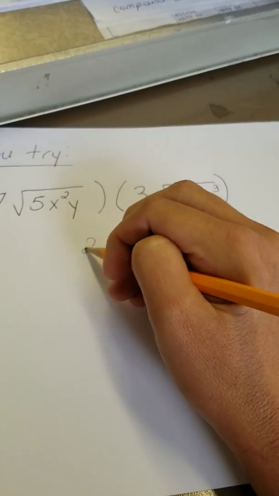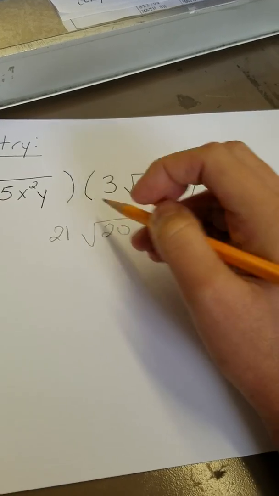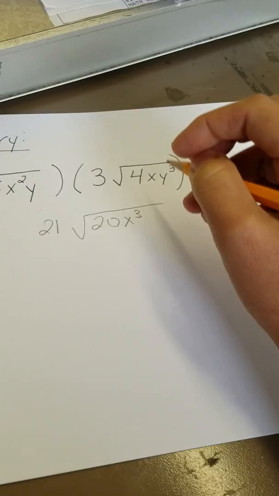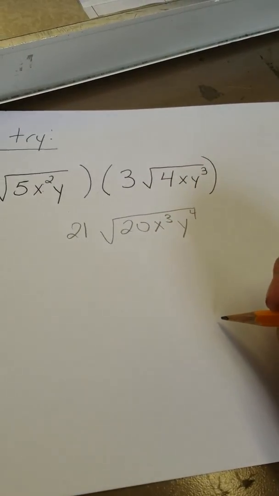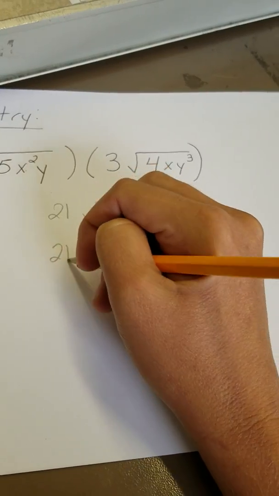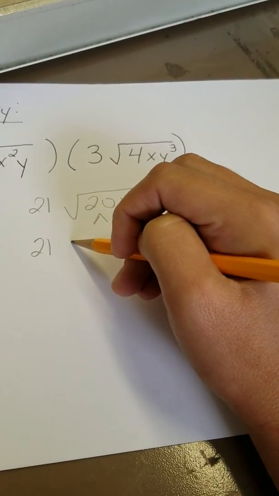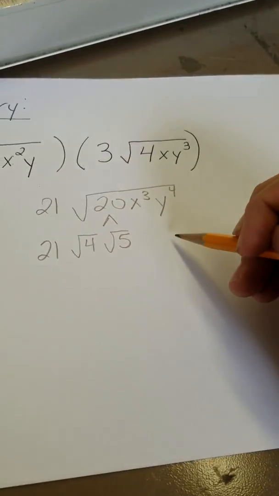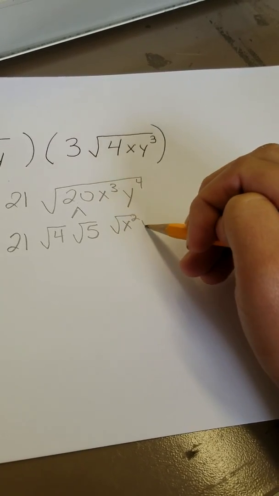7 times 3 is 21. 5 times 4 is 20. X squared times x is x cubed. Y times y to the 3rd, y cubed, is y to the 4th. So far so good. 21 is coming down. Again, radical 20 breaks into a 4 and a 5. X cubed breaks down to x squared and x.